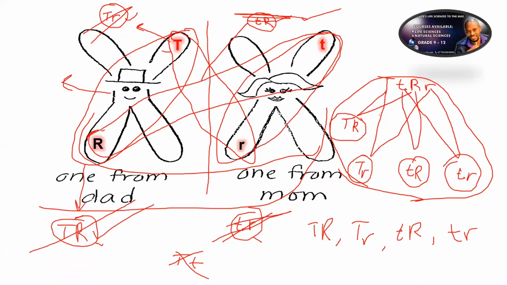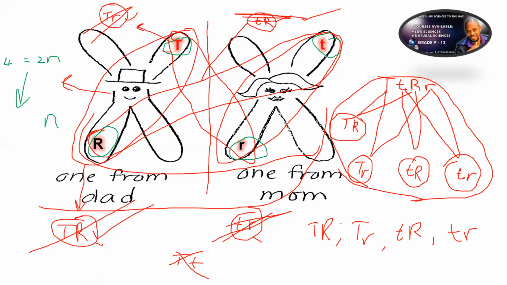The ones I was considering, there were 4 of them. 1, 2, 3, 4. So these 4 would represent my 2n. And when they divide through meiosis, I'm expecting to have n. So there were 4 alleles here.